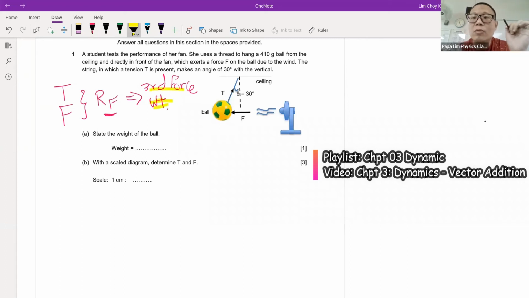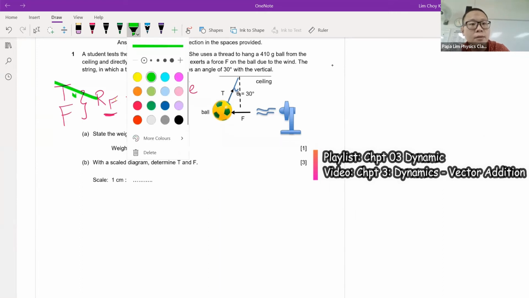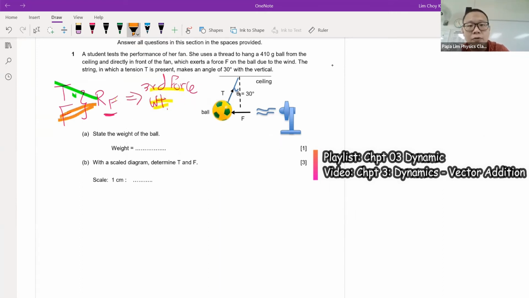Then the question requires the students to deduce the possible magnitude for T and the possible magnitude for F, the force from the fan. From the resultant force, they expect you to deduce the two magnitudes and the direction of the two components. So this is what is interesting about this particular question.